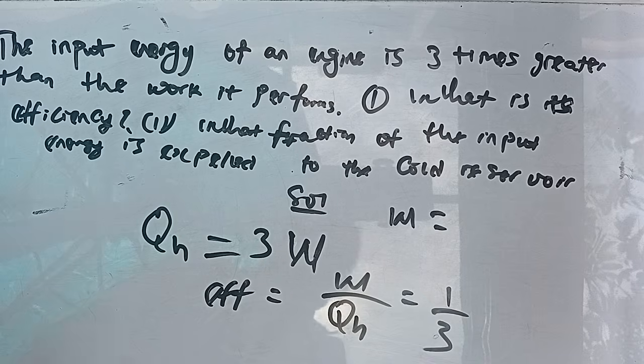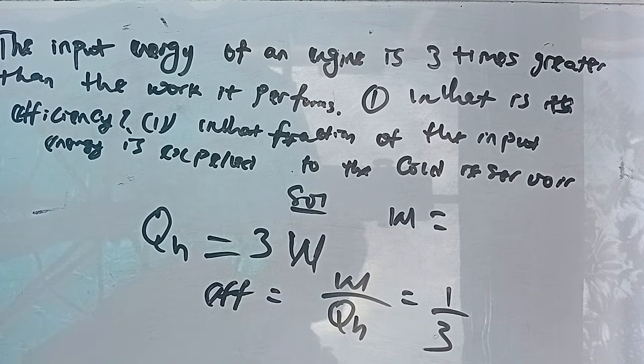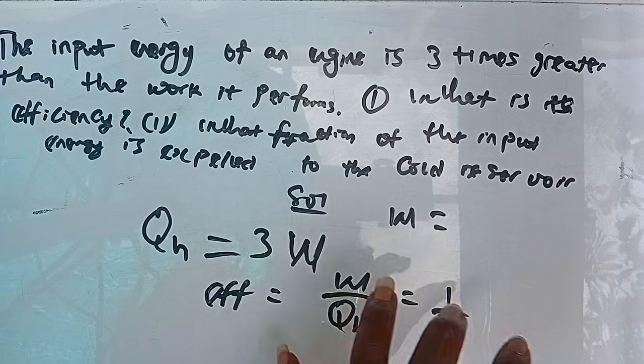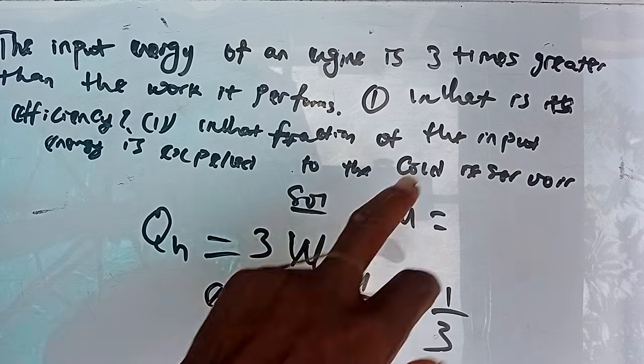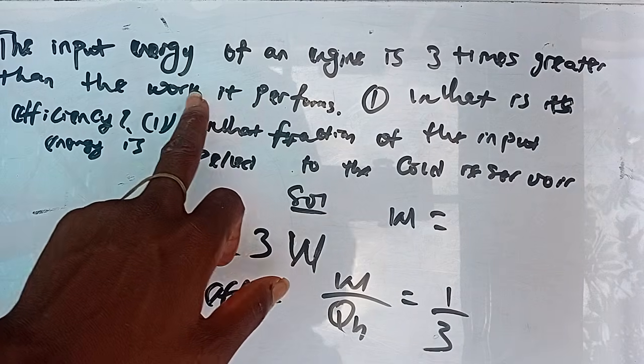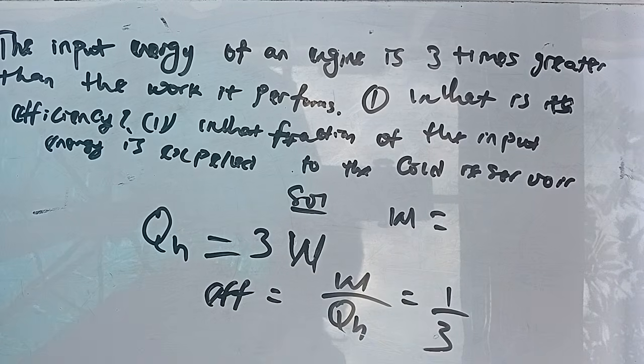If this is 9, this will be 3, since QH must be 3 times. So efficiency gives us W over QH, that's 1 over 3. If it is 4 times, 1 over 4. If it is 2 times, 1 over 2. I hope that's clear. So that's the efficiency.